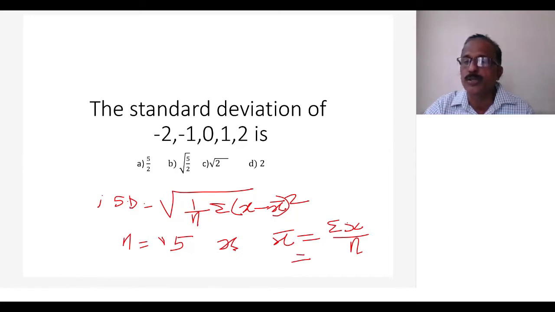That is total 0. Therefore, x bar is equal to 0. The arithmetic mean is 0 because the total of the observations, sigma x, is equal to 0. Zero divided by any quantity is 0. Therefore, x bar is equal to 0.